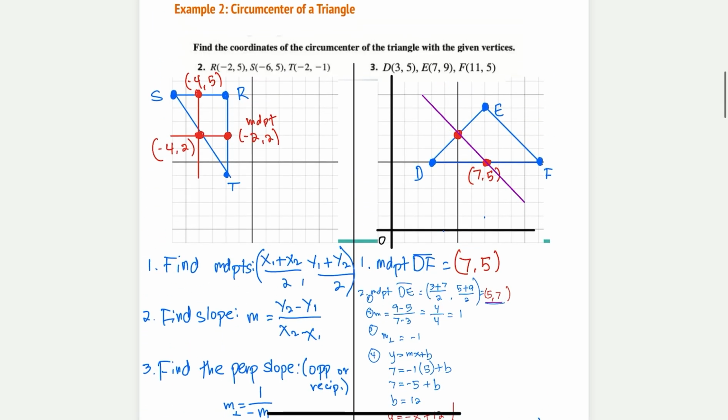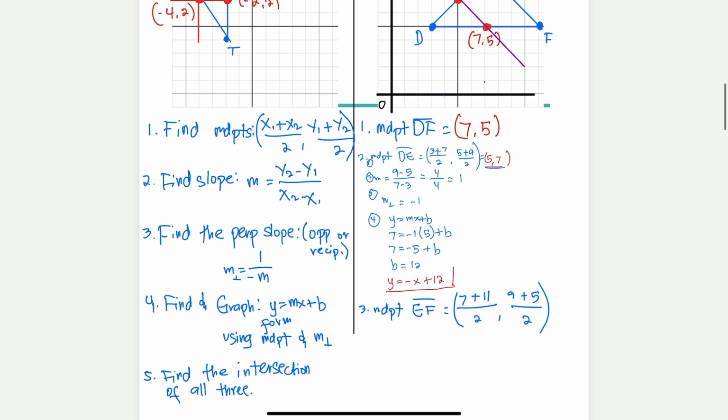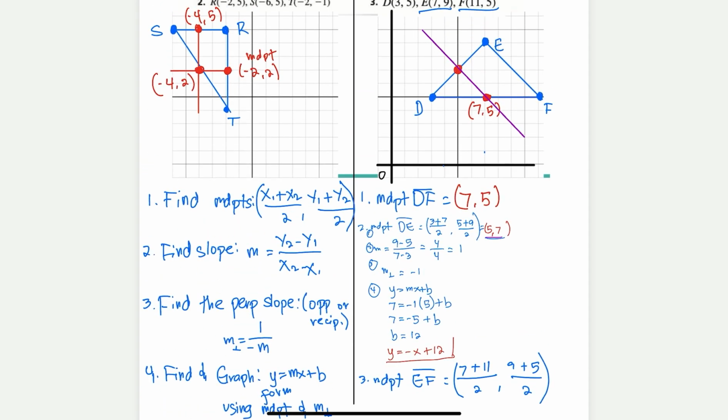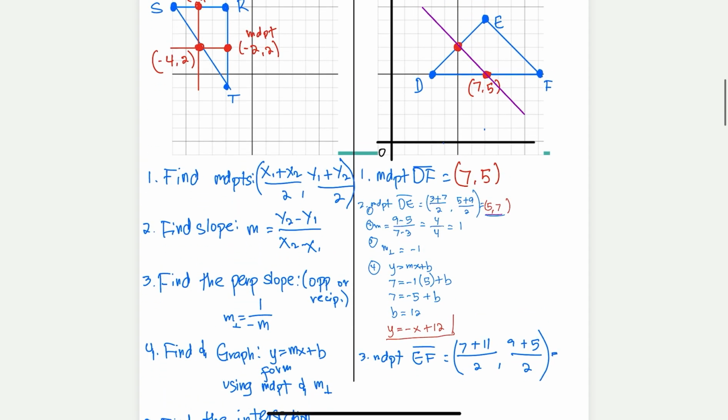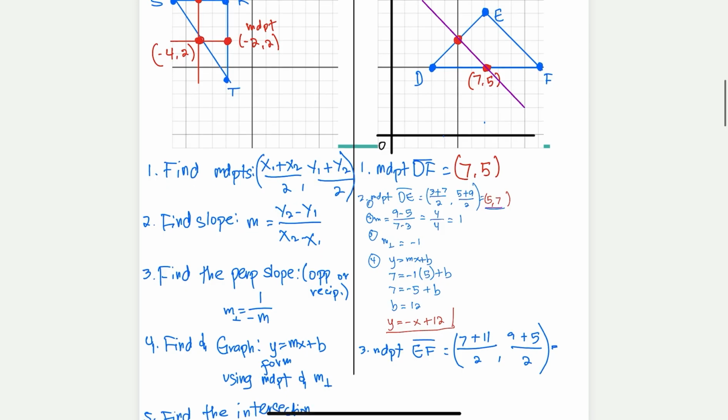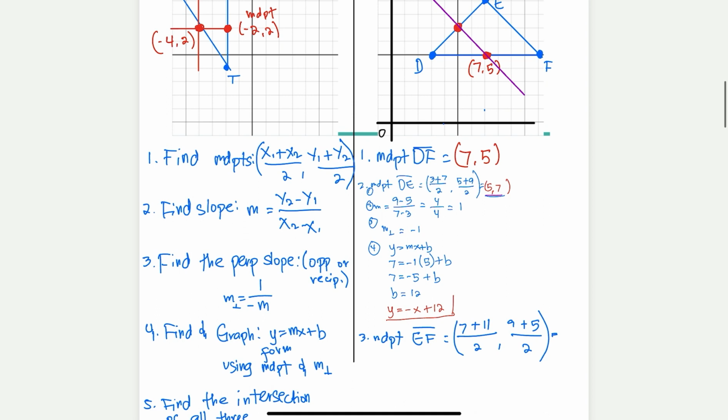The coordinates that I'm using here are E and F, just giving you an idea on what I am using. So 7 plus 11, that would be 18 divided by 2 would give me 9.